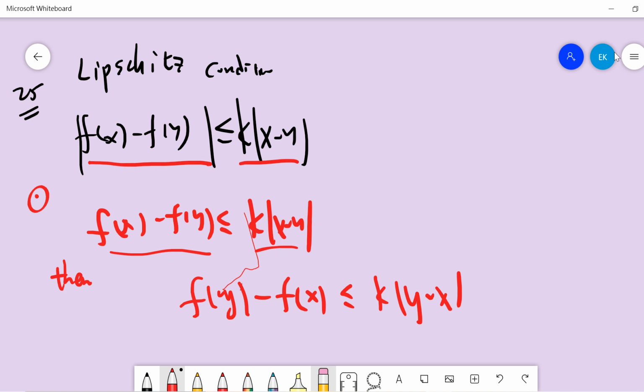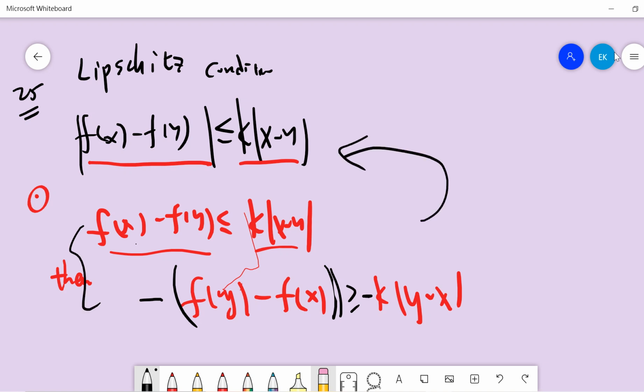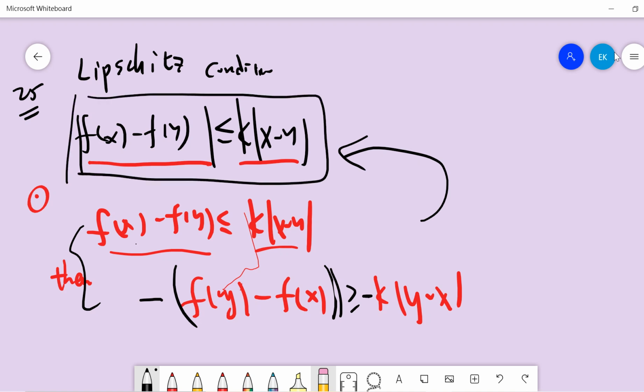Then you can take a minus sign here, and when you multiply by the minus sign, this less than or equal to 0 becomes greater than or equal to 0. So basically, these two facts give you this one, right? So this is the condition that we have.